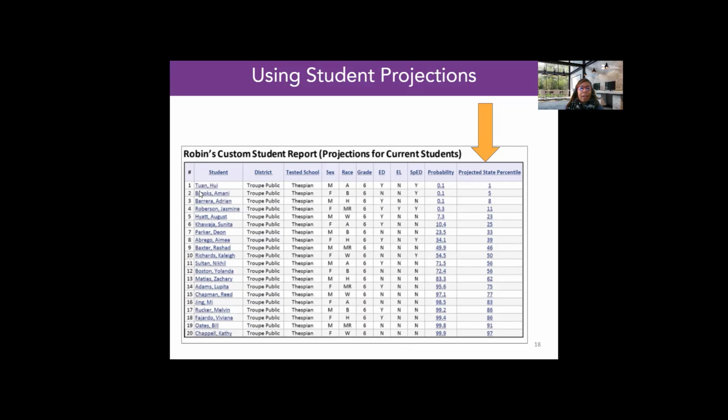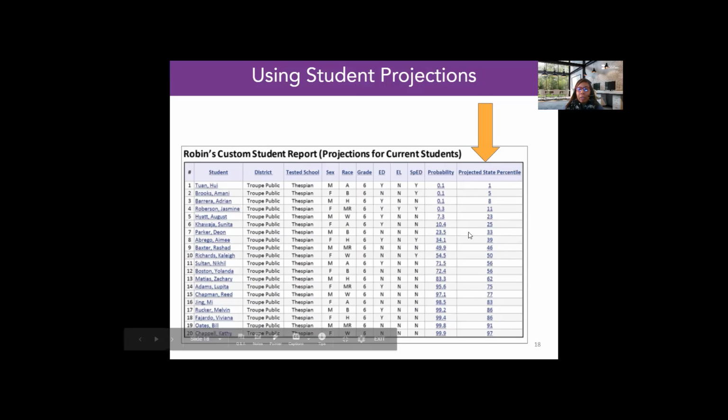So this is telling me that Tanwi is projected to be at the first percentile. Right. And his probability of being on grade level is 0.1%. So we know that he's probably not going to be on grade level proficiency, right? Your chart will show a little differently. It will actually say level 3, 4, or 5, right?